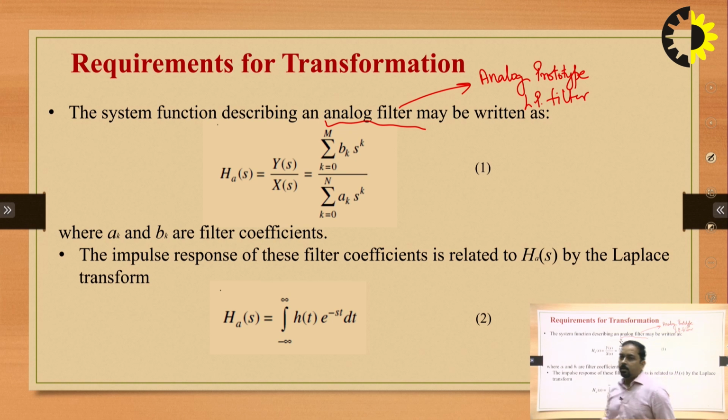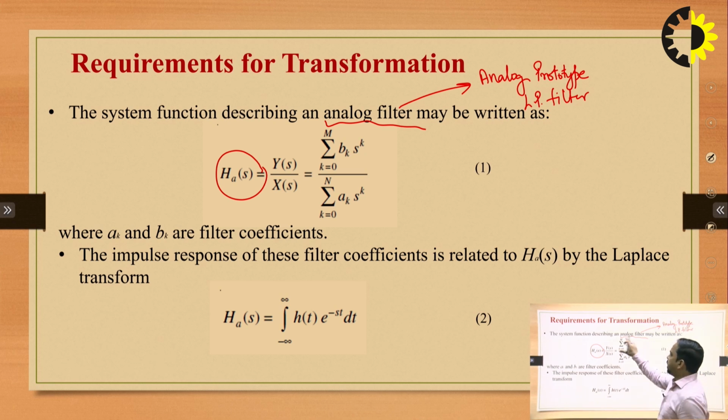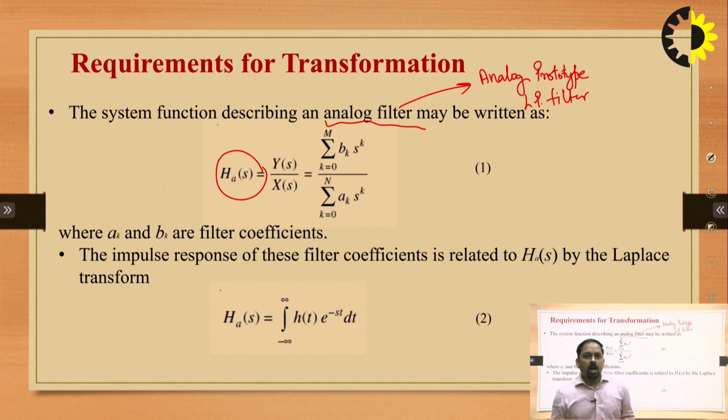So we have the transfer function H(s) with A as a subscript, where A is nothing but the analog filter, and it is the ratio of the Laplace transform of the output Y(s) to the Laplace transform of the input, which is X(s). It is in this particular form: summation k equal to 0 to M, b_k are the coefficients, s to the power k, whole divided by summation k equal to 0 to N, a_k s to the power k, where these a_k and b_k are the filter coefficients.